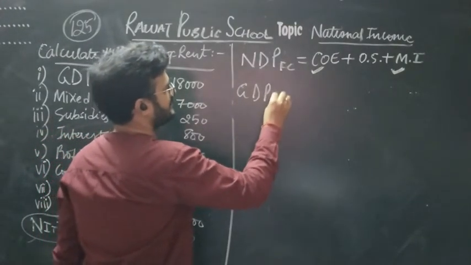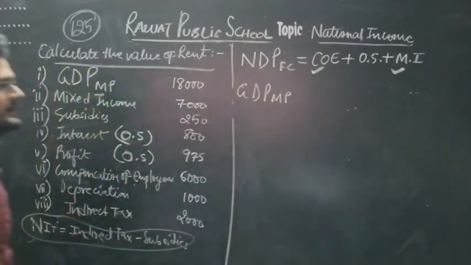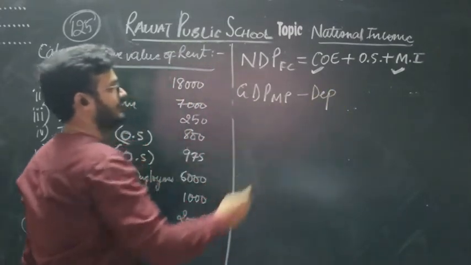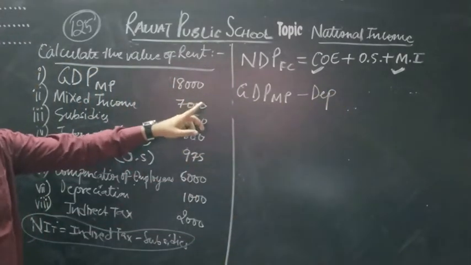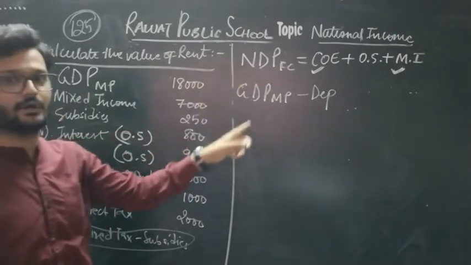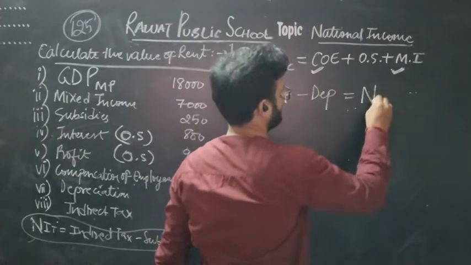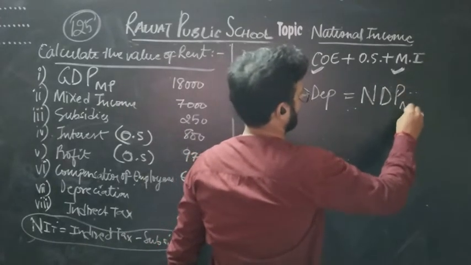How can NDP at FC be calculated? GDP at MP is available to us. Deduct depreciation from it. When we deduct depreciation from GDP at MP, gross gets converted into net. It will be NDP at MP.